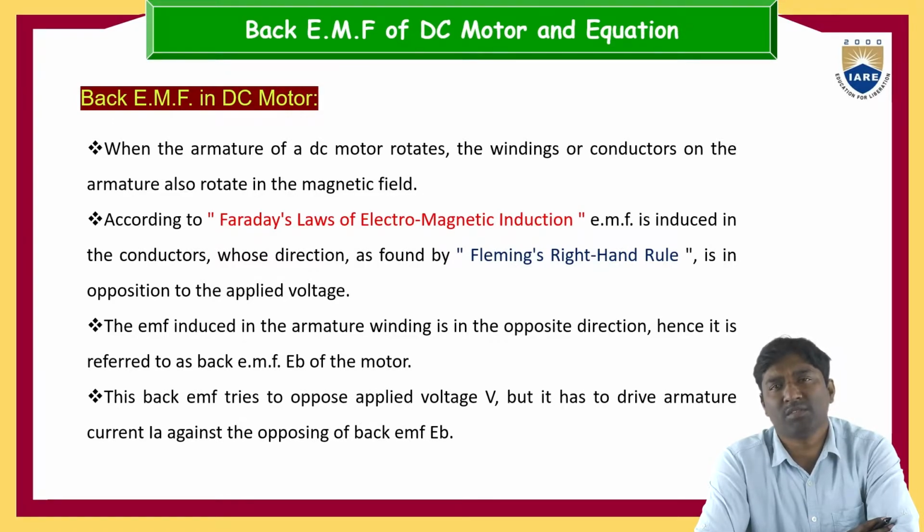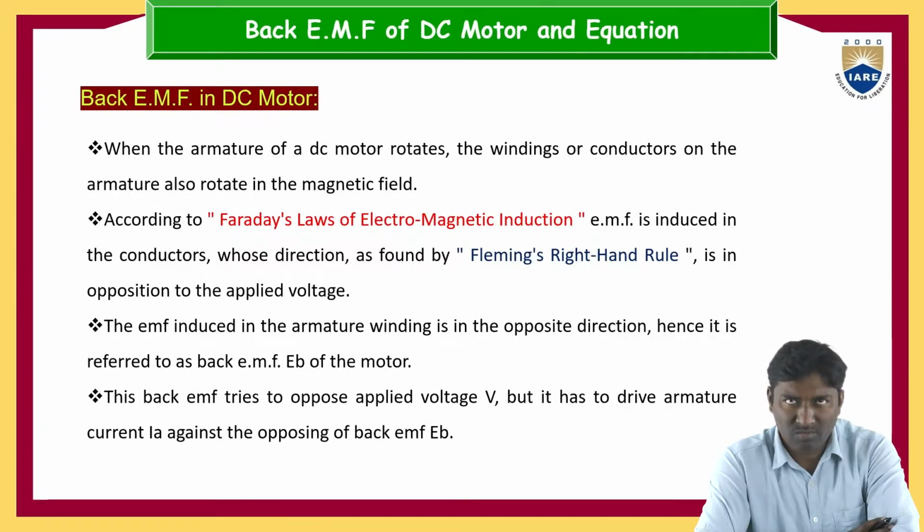That induced EMF always opposes the rate of change of flux linkages. According to Lenz's law, E is equal to minus N into d phi by dt.